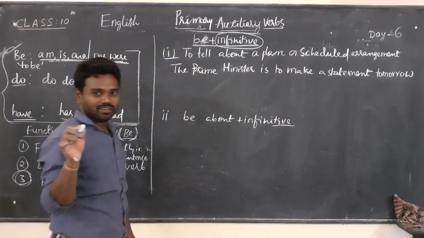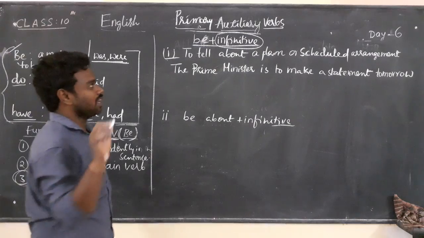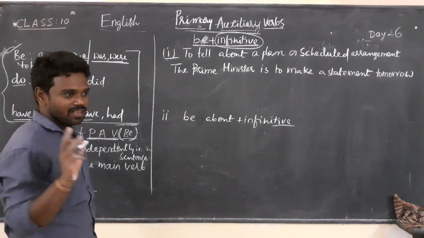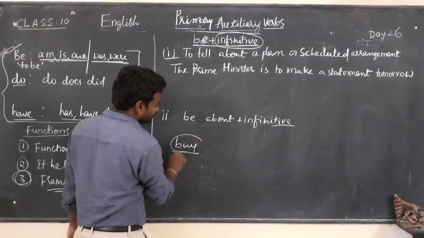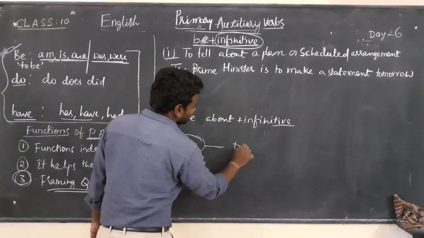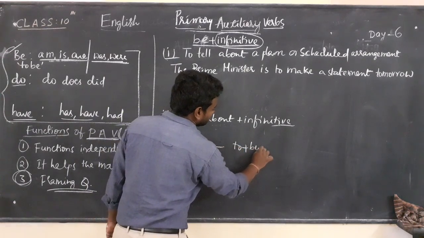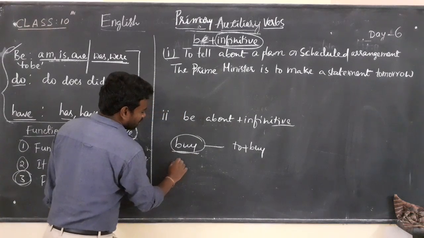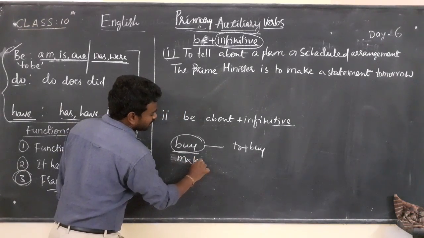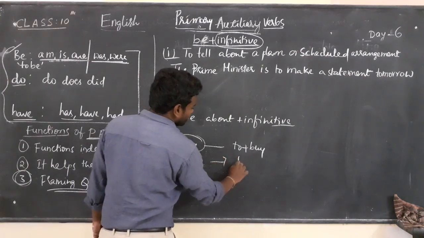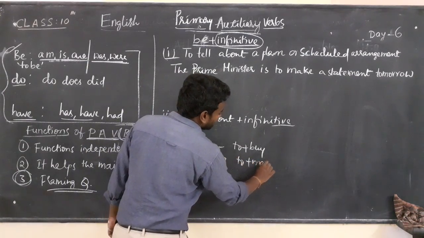We have already checked: the last form, the sixth form you wrote. For example, buy is the base form; the infinitive form of buy is to buy. To make: the infinitive of make is to make.